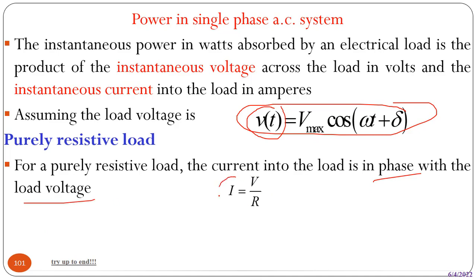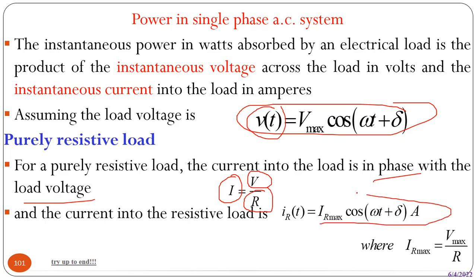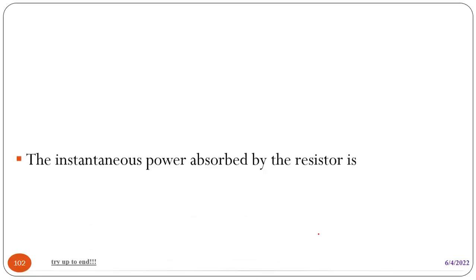That means the current in the resistive load is equal to the ratio of the voltage over the resistance, so the current is I max times cosine of omega t plus sigma, measured in ampere, and I max is equal to the ratio of V max over the load resistance R.